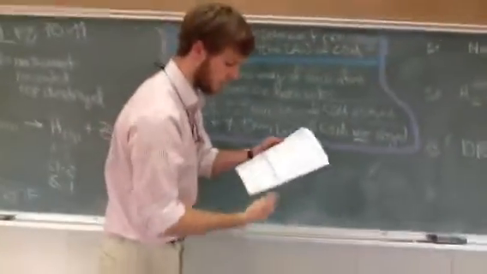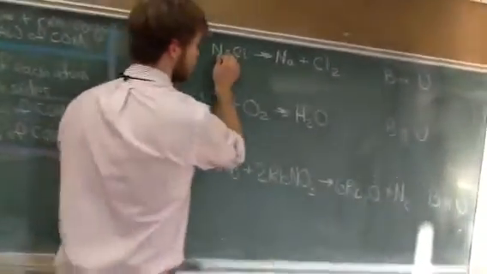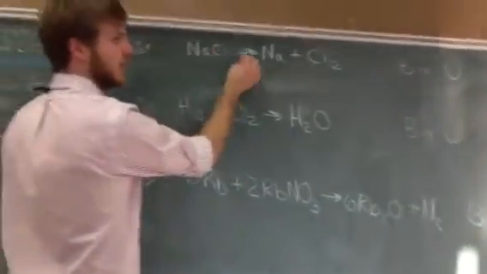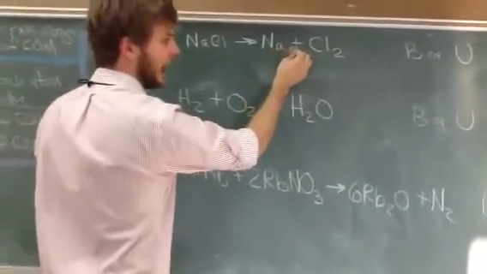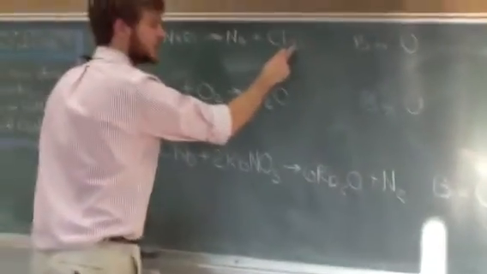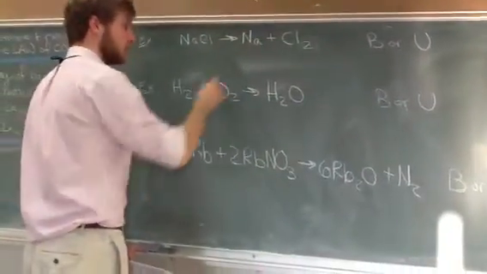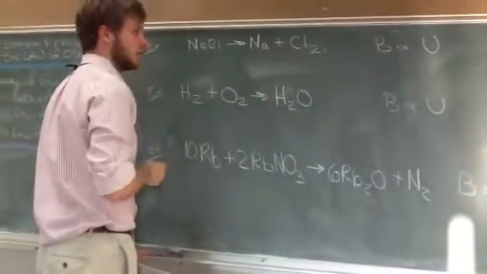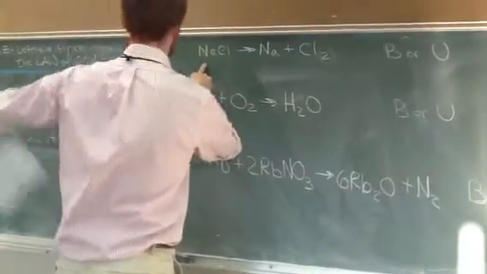Now I'm on the top of page 11 in your course pack. We'll look at this example here. NaCl forms Na and chlorine gas. Now remember, this is a diatomic gas, Cl2, always written with a buddy. Let's list out. How many atoms do we have?